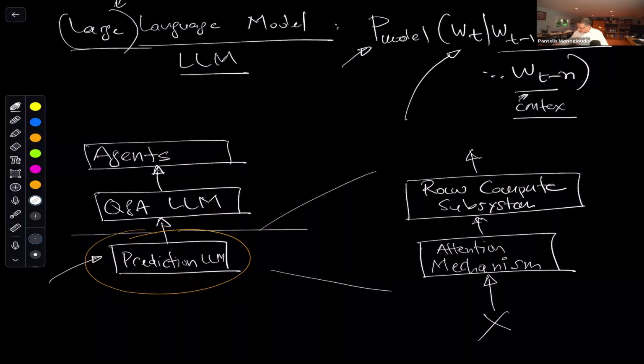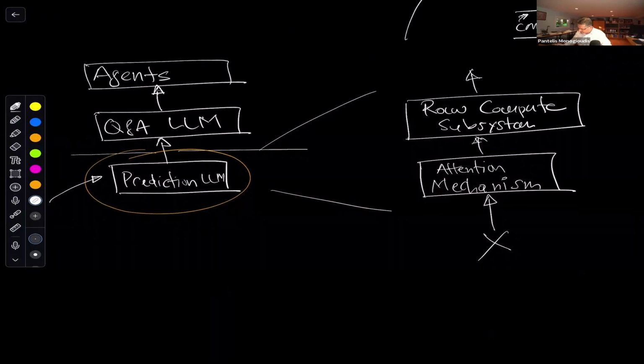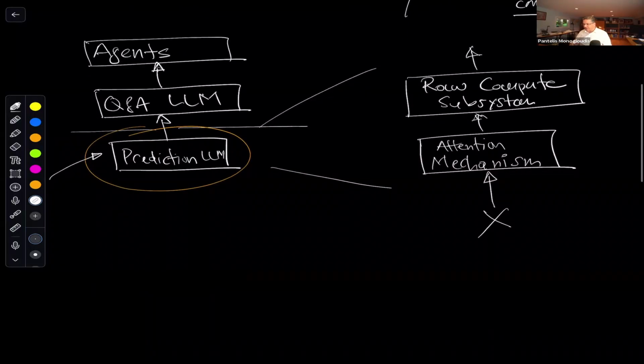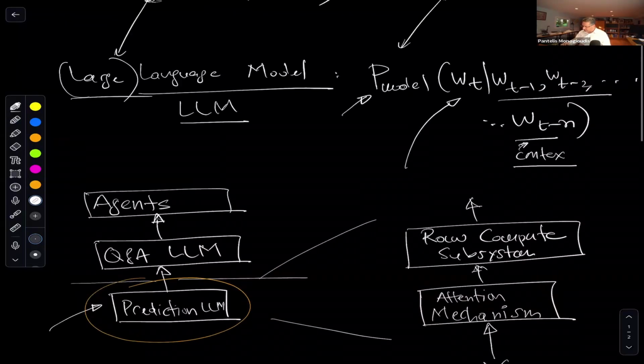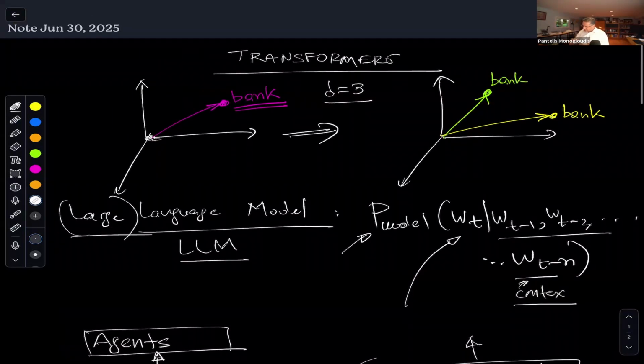Okay, so the attention mechanism, which is the first part that we're going to discuss, is primarily responsible for what I plotted a bit earlier: this transition from a context-free representation of the token bear into the contextual representations of the token bear.